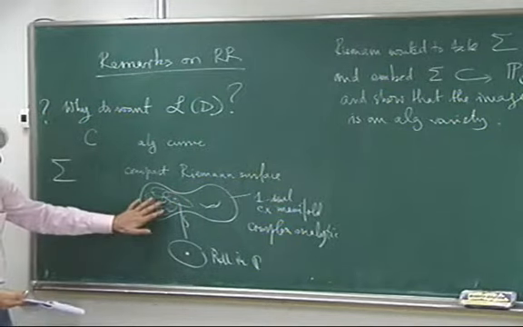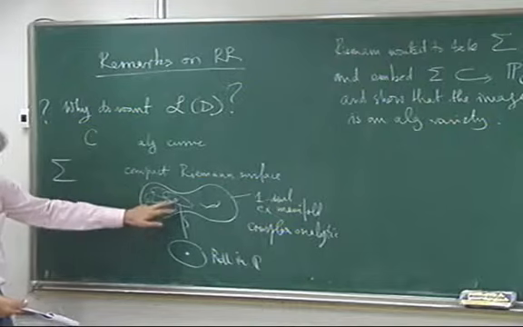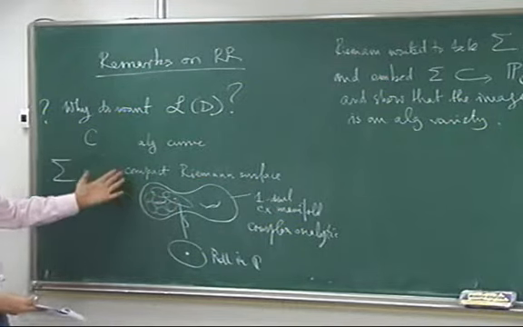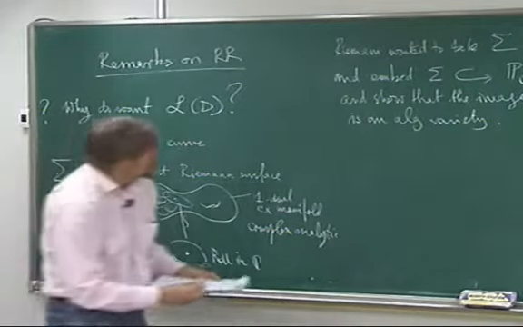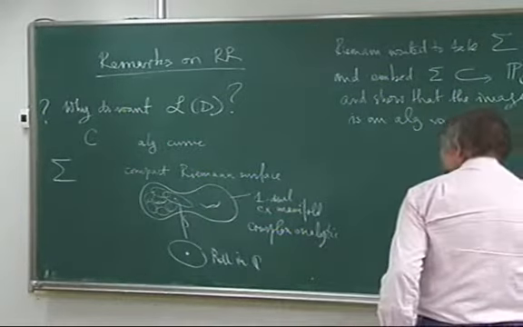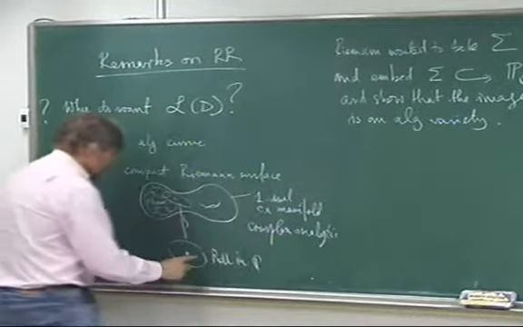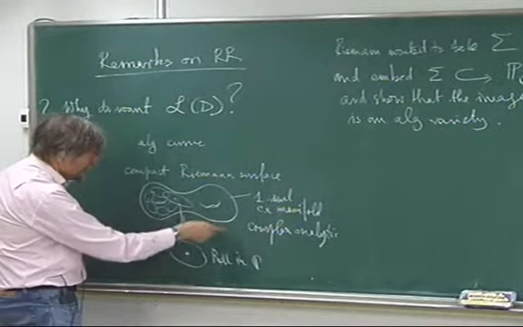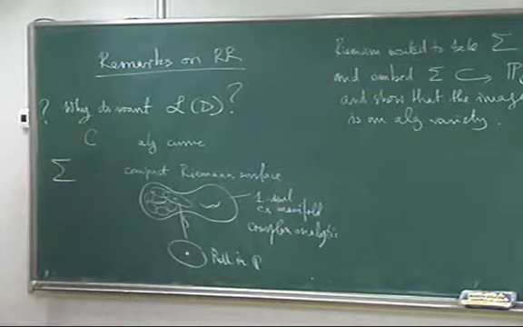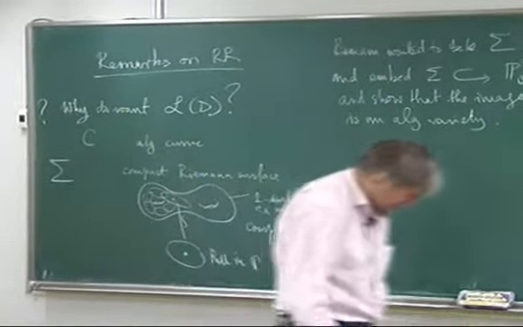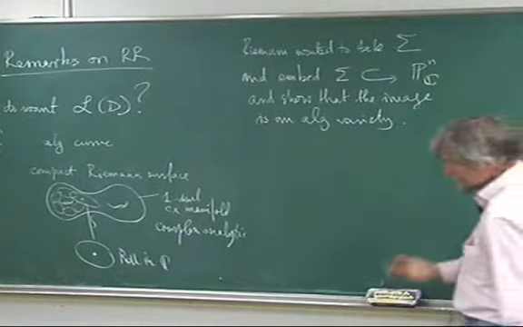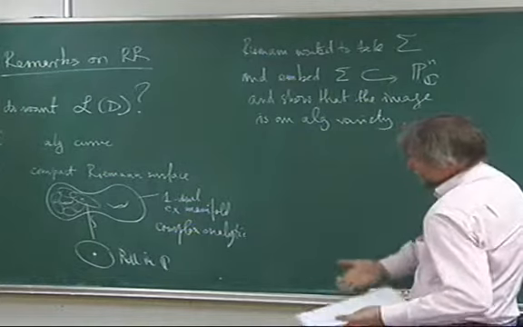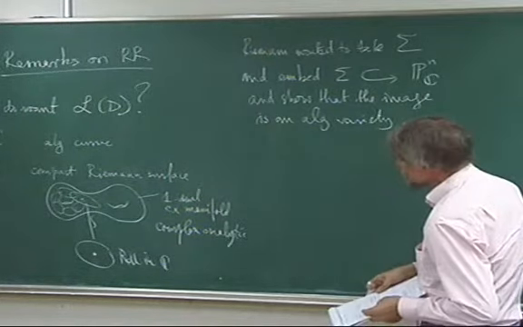But we're just doing complex analysis. So why is this an algebraic variety at all? So Riemann says, well, you can't expect to have any globally defined holomorphic functions. If you ask for globally defined holomorphic functions, then there are several different ways of proving that any such function is constant. And so you just can't do anything with constant functions, right?